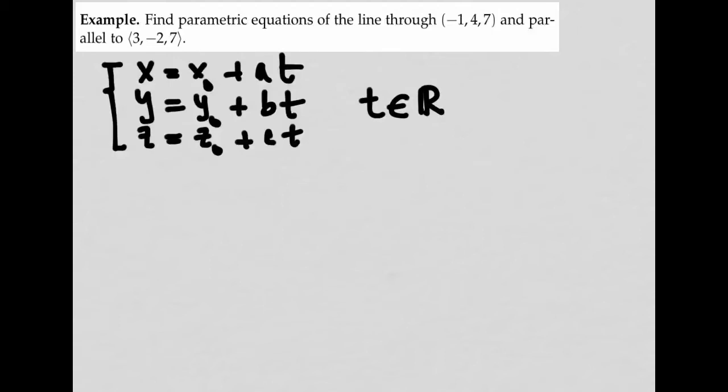So we need x0, y0, z0, and a, b, c. So it's just a matter of plugging things in.